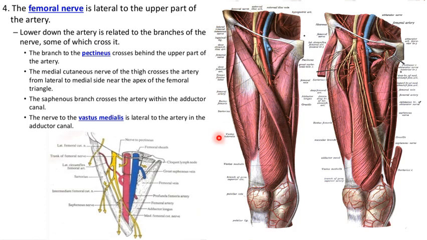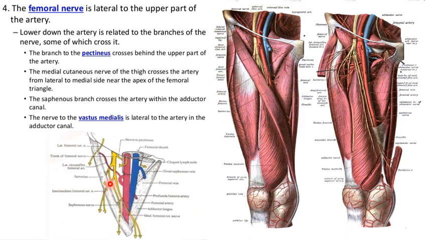In the femoral triangle, it is the nerve to pectineus, which is behind the femoral artery, and then at the apex of the femoral triangle, it is the medial femoral cutaneous nerve that is crossing the femoral artery from lateral to medial. Initially, the medial femoral cutaneous nerve is lateral to the femoral artery in the triangle, and at the apex of the femoral triangle, it crosses to the medial side.